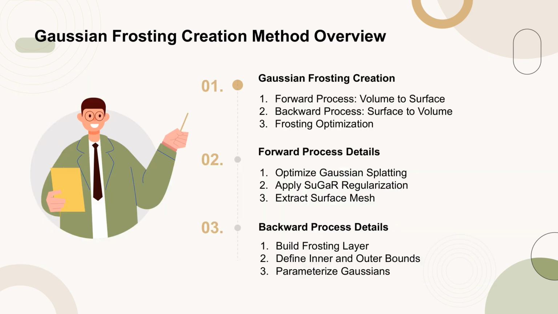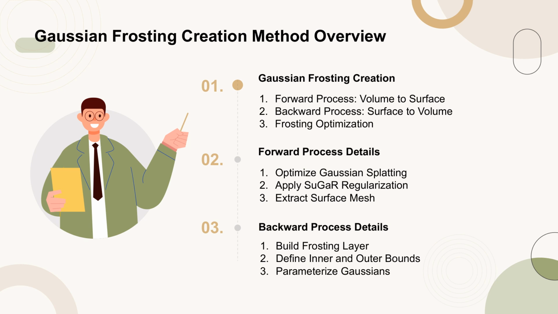The Gaussian frosting creation method involves three main processes: the forward process, the backward process, and the frosting optimization. In the forward process, we start by optimizing an unconstrained Gaussian splatting representation to allow Gaussians to position themselves. We then apply the regularization term from SuGaR to align the Gaussians with the real surface and extract a surface mesh from the Gaussian splatting representation.